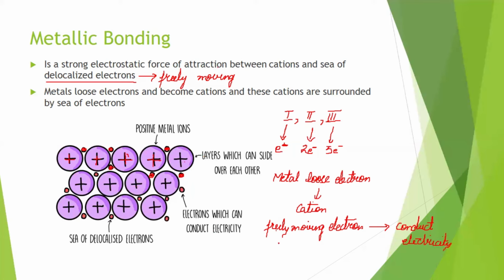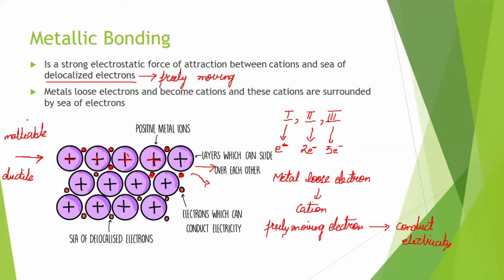On the other hand, when we apply force at this point, the layers would slide past each other, and it would come here as well. Because of this property, metals are malleable and ductile.